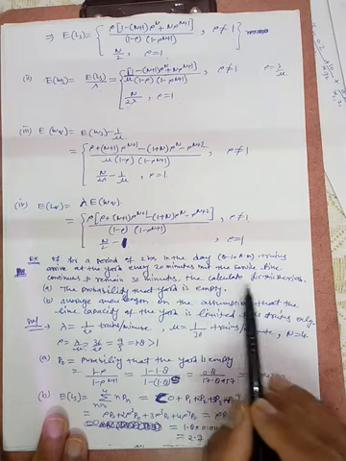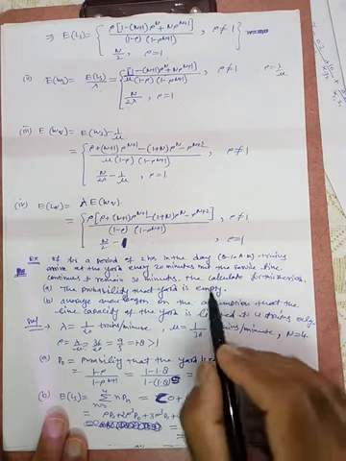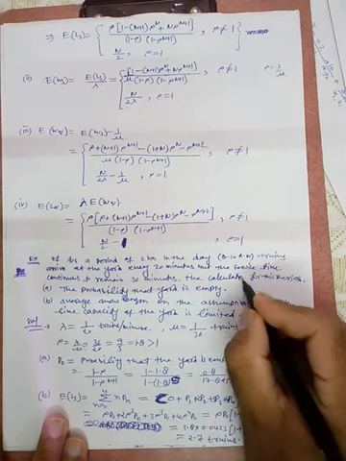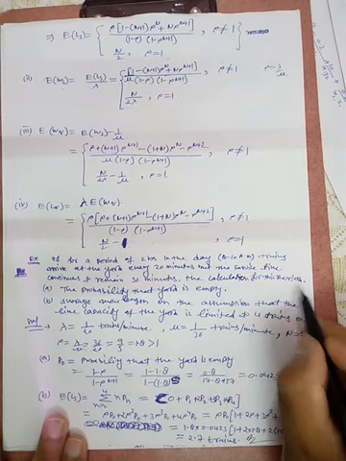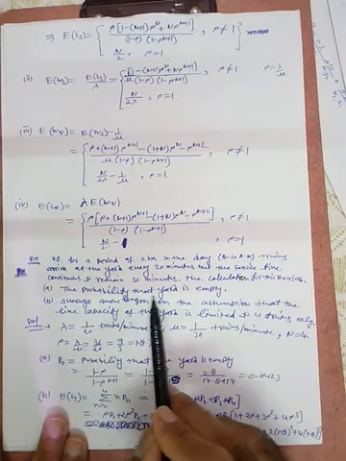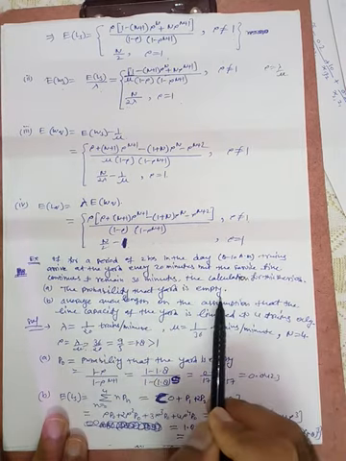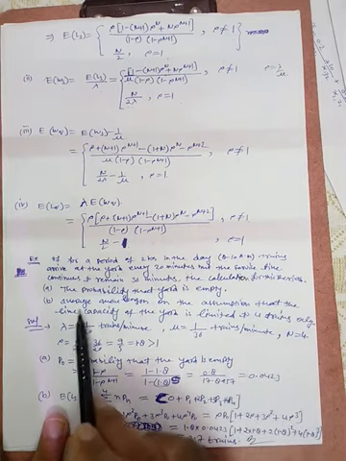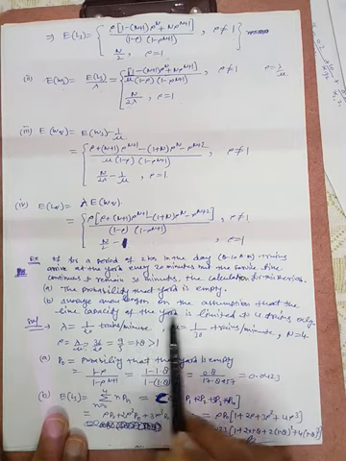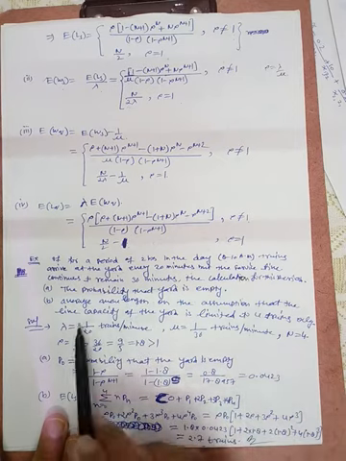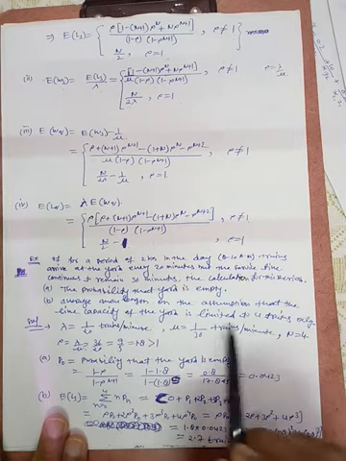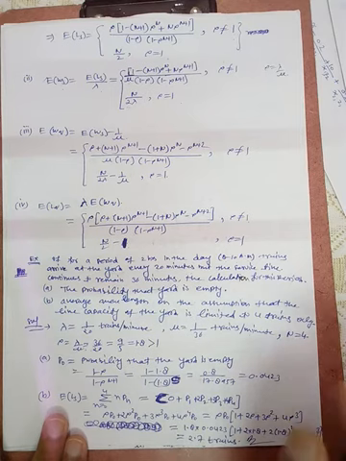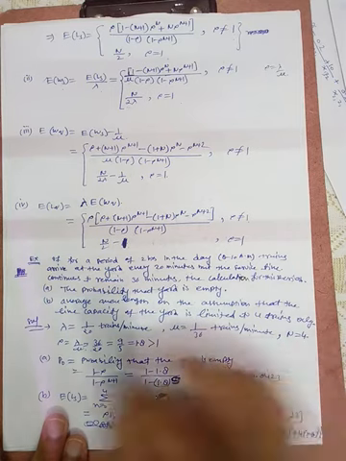Calculate for this period the probability that the yard is empty, and the average queue length on the assumption that the line capacity of the yard is limited to 4 trains only. So this is what we have to find out.